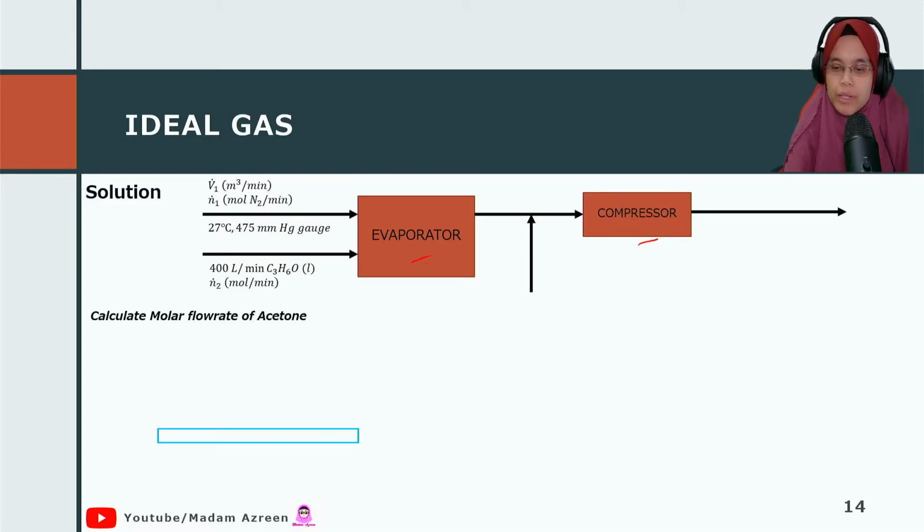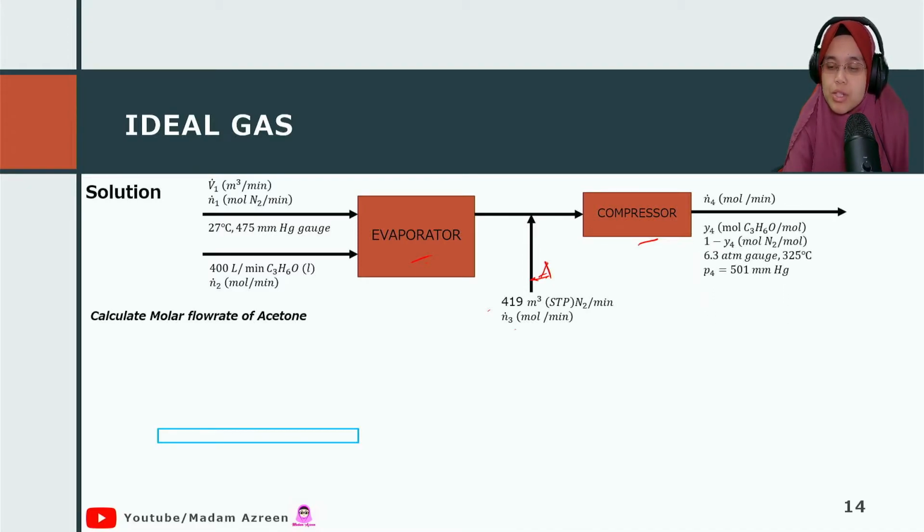And we have another nitrogen stream here, at this volumetric flow rate, and we have a compressor, and this compressor will compress until we get 6.3 atm and 3 to 5 degrees C.